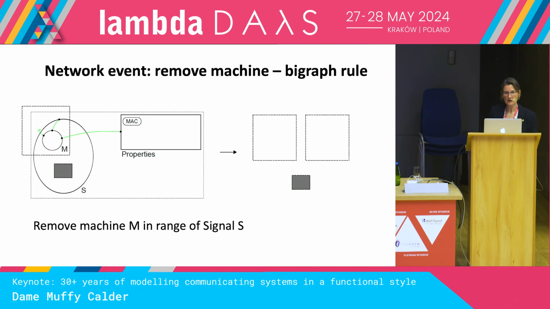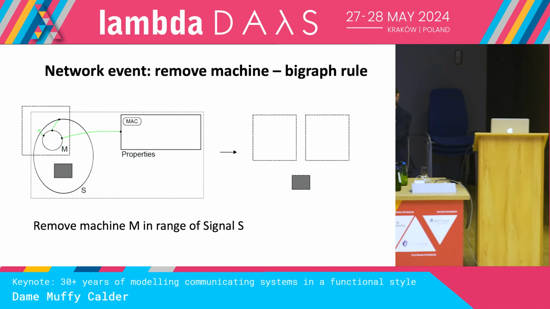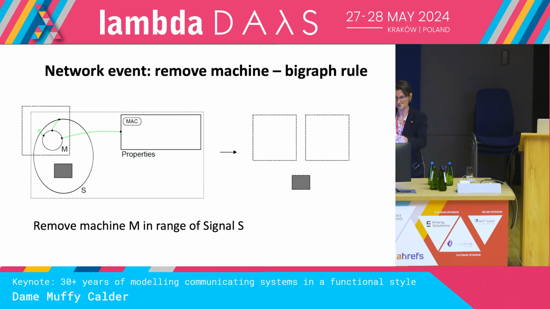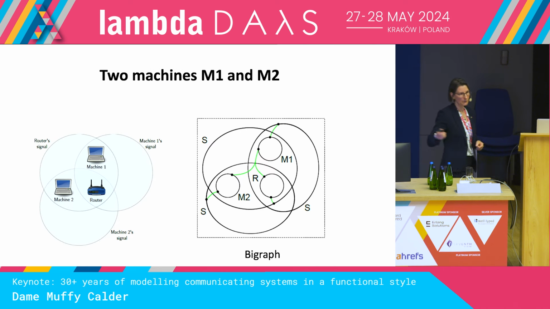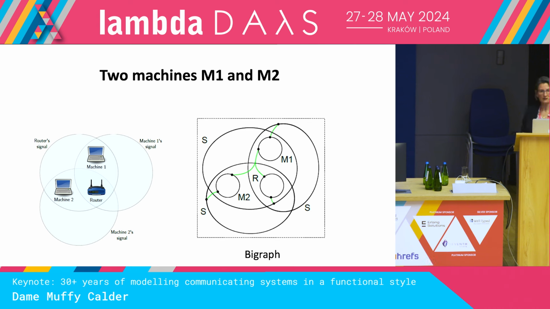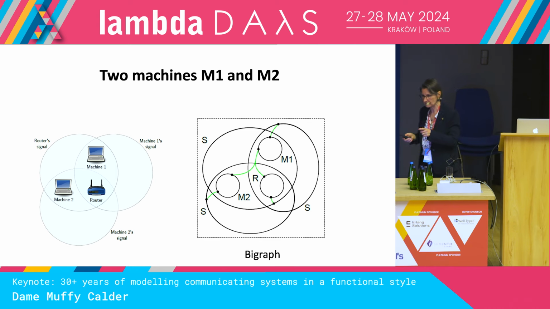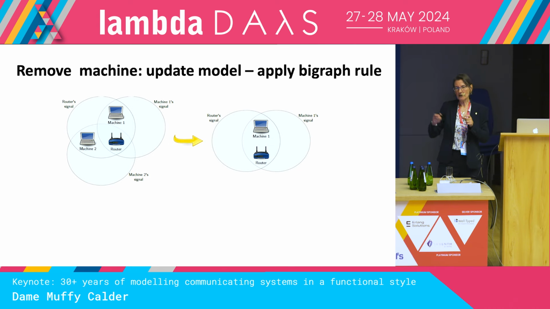Okay, I can then have a rule to remove machines. On the left I've got a machine and a whole lot of other context that fulfills its constraints, and I end up with no machine afterwards. I can then apply rules like this. Here's a scenario with two machines where I want to update the model and remove a machine.